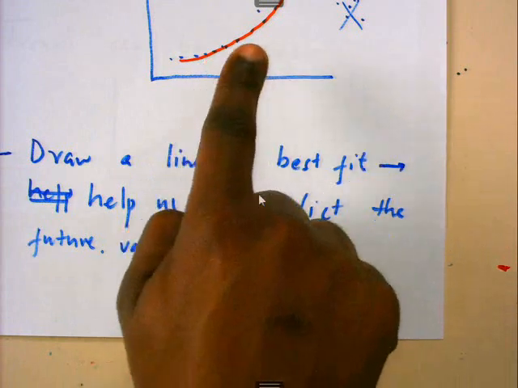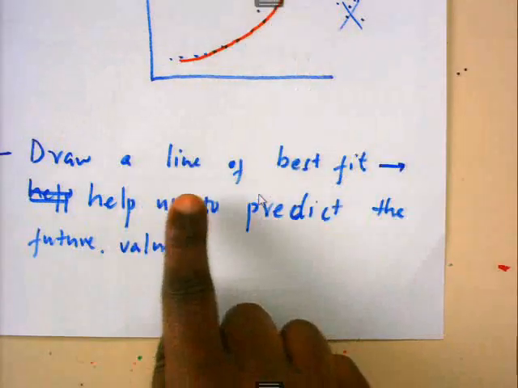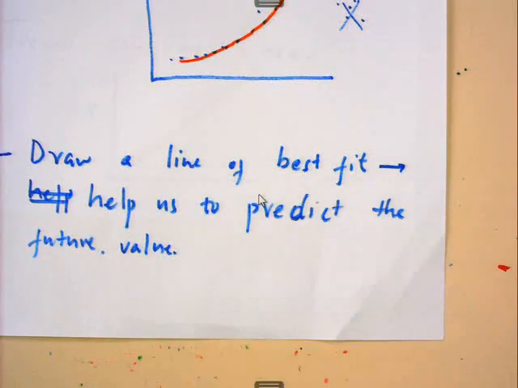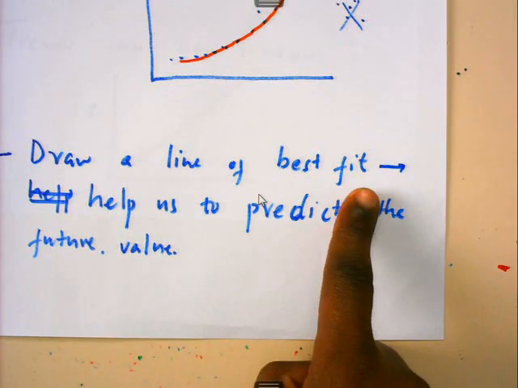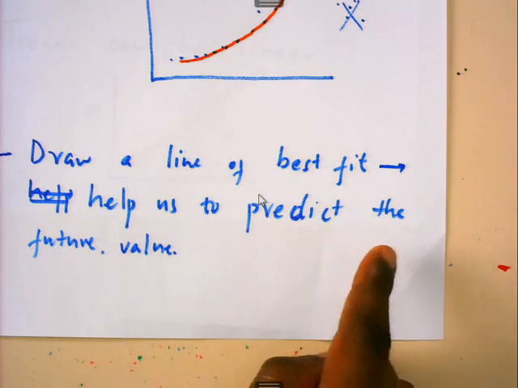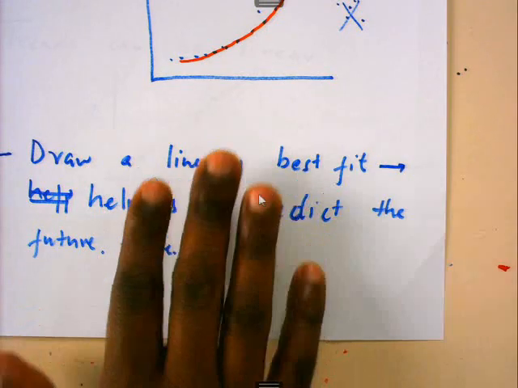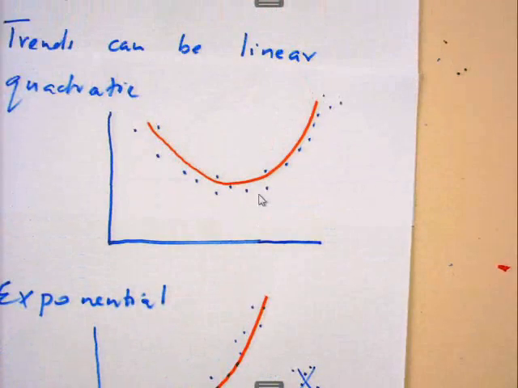Once you have established the trend and plotted the points, draw a line of best fit, and you can see that with it, it becomes very easy for us to predict the future values. We are going to have an example where we demonstrate all this important information about the scatter plot.